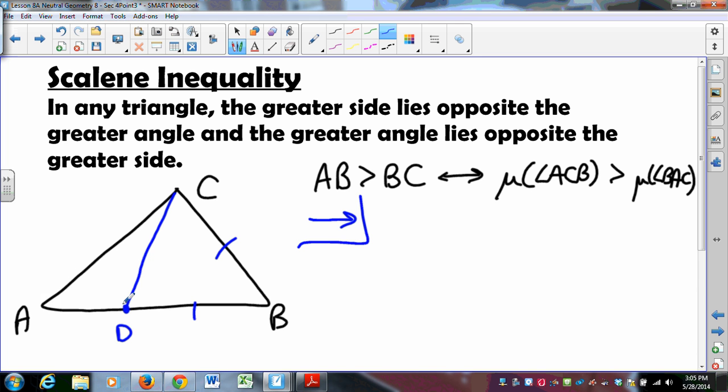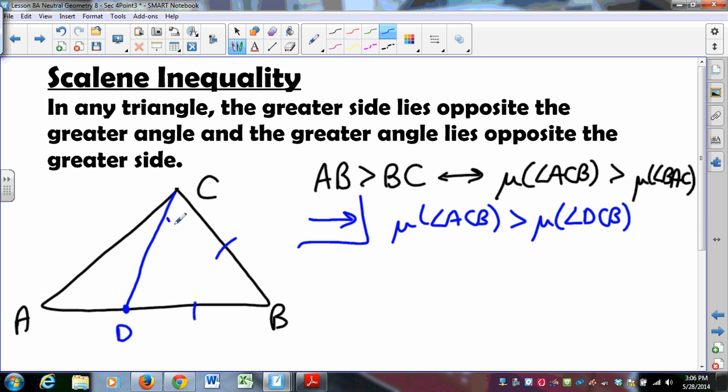Well, what does that mean? That means that the measure of angle ACB has to be bigger than the measure of angle DCB, because D is in the interior of angle ACB. And so that comes along from the protractor postulate with the betweenness property of rays, so we're good.